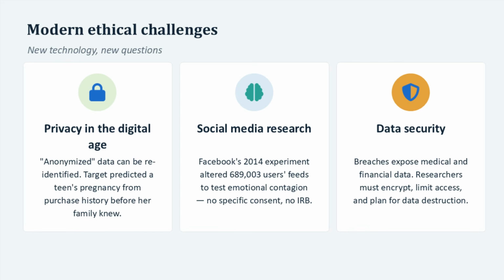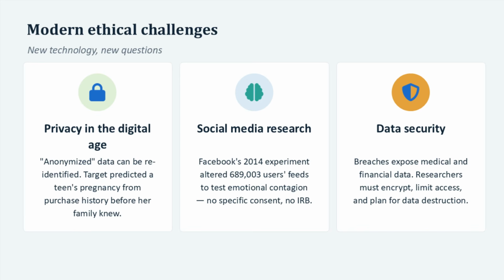In one widely discussed case, pregnancy-related coupons were sent to a customer before some members of her own family knew she was pregnant. And that raises a very real ethical question. Just because a company can figure out something extremely private about you, does that mean it should? Especially when you never chose to share that information directly.